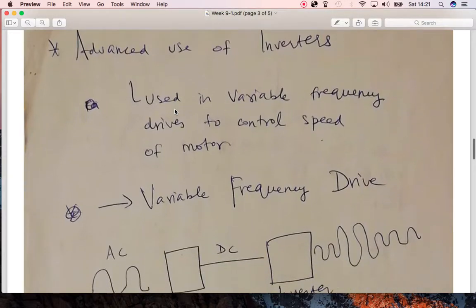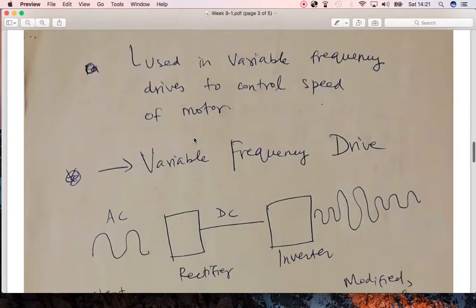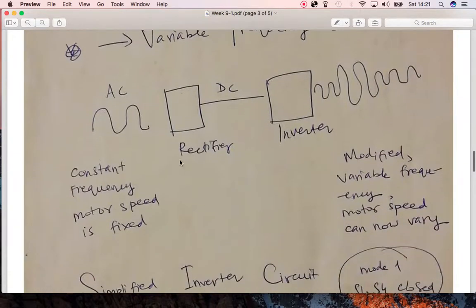Now we can see a more complex example of inverters, in which we can think about variable frequency drives, which operate motors at different frequencies. Whenever we want to change the speed of the motor, we have that kind of mechanism of variable frequency drives, in which AC power is coming at the input of a rectifier, from where it is transformed into DC power, and then that DC power is fed to the inverters, which transform it into an AC signal of some other frequency.